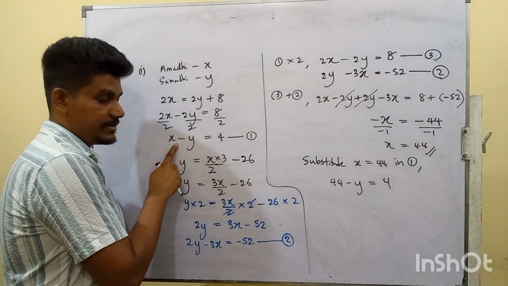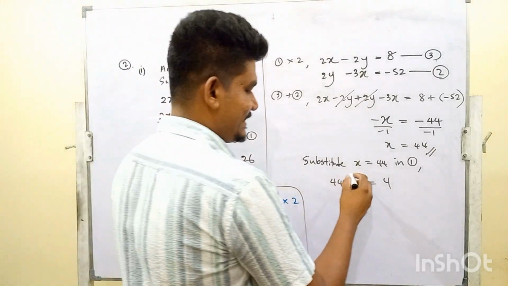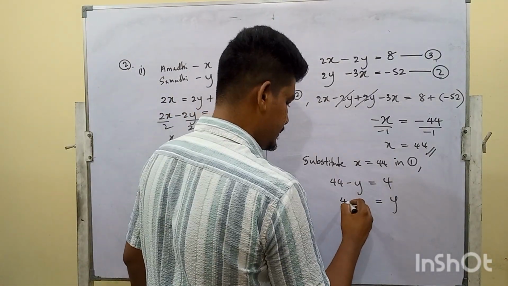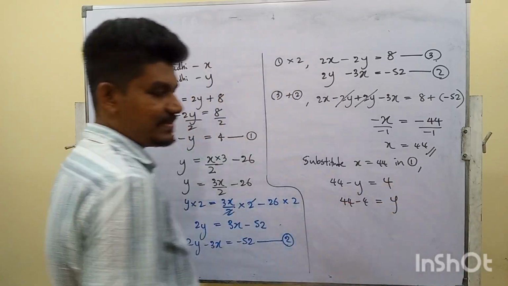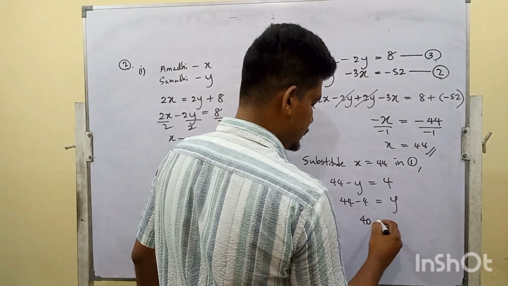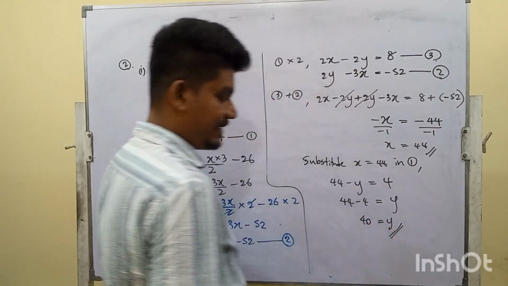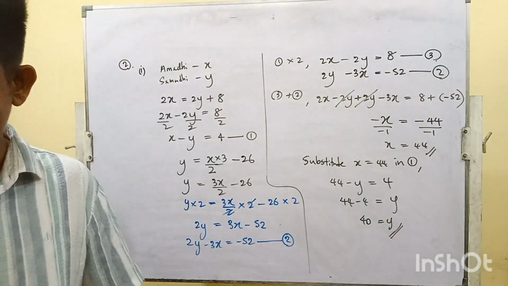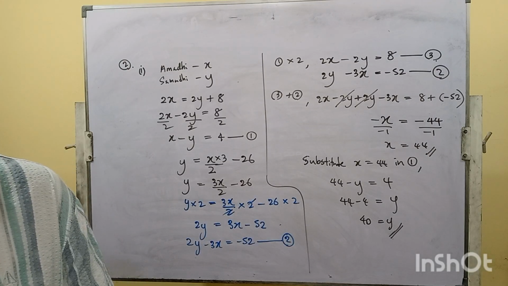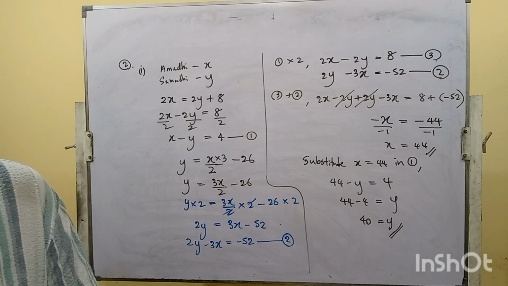Here, I replace x by 44. Then I'm taking y to the right side and at the same time taking 4 to the left side. That plus 4 becomes minus 4, minus y becomes plus y. 44 minus 4 should be 40. That should be the value of y. Got it? Now, those are the number of questions that they have answered correctly.